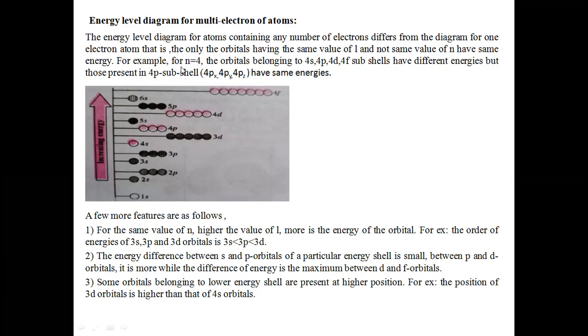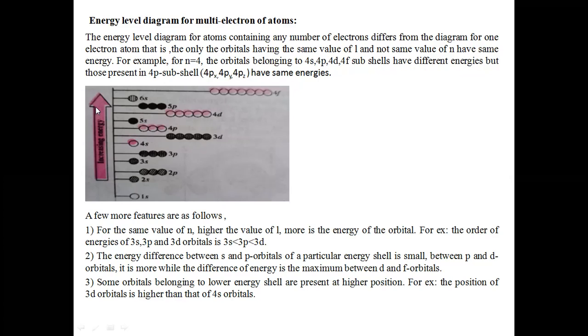For example, for n equal to 4, the orbitals belonging to the 4s, 4p, 4d, 4f subshells have different energies, but those present in the 4p subshell, that is 4px, 4py, 4pz, have the same energies. See the energy level diagram.